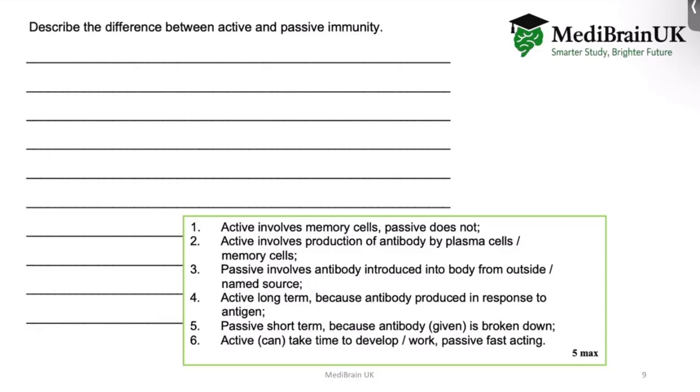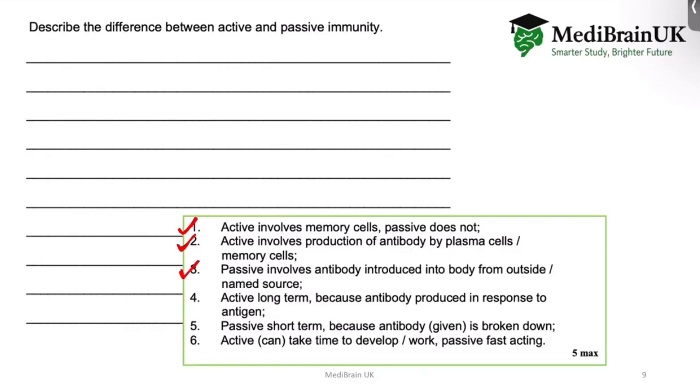Active involves memory cells because the memory cells have been produced in the body. Active involves the production of antibody by plasma cells or memory cells. Again, passive is just the passing of antibodies into your body. Passive involves antibody introduced into the body from outside or another source.